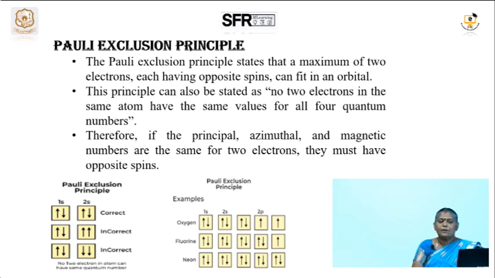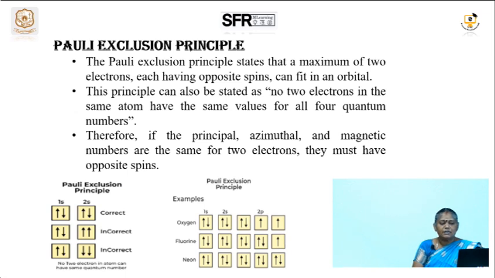Therefore, if the principal, azimuthal and magnetic quantum numbers are the same, the 4th quantum number, that is the spin quantum number, must be different. That means they should have opposite spins.